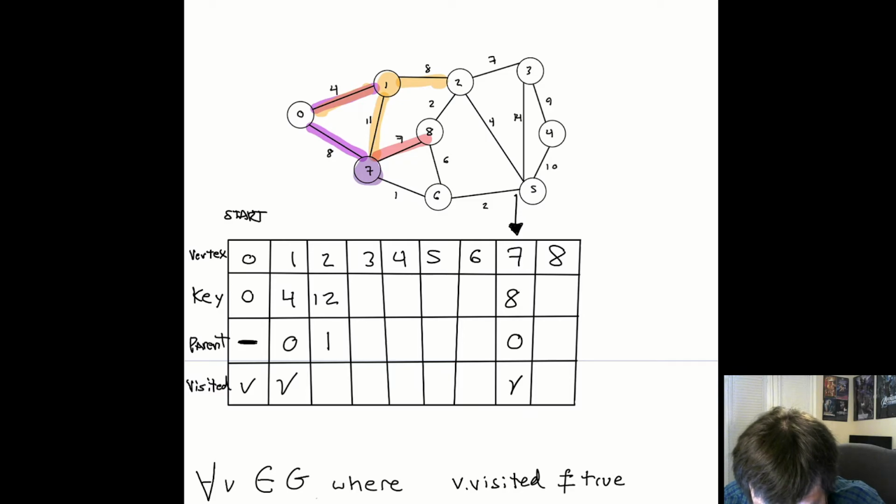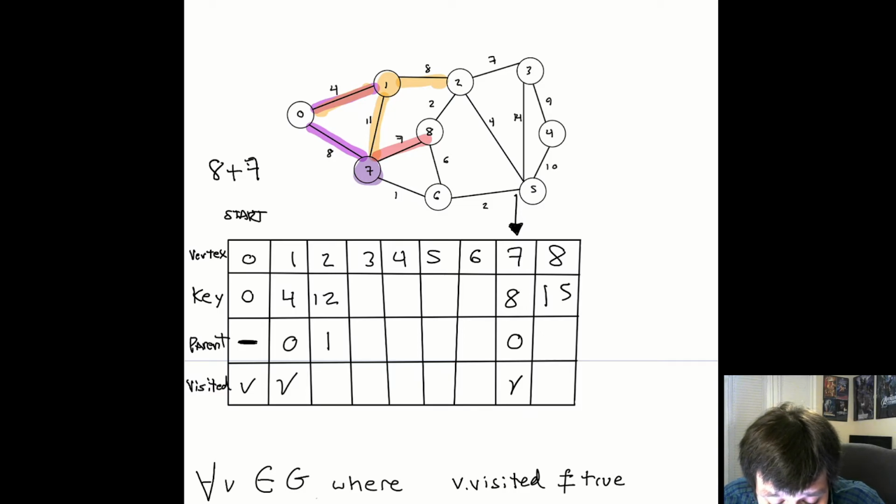So we take the current value of the key, which is 8, and we're going to add that to the weight of the edge from 8 to 7, which is 7. So basically 7 plus 8 is 15. So you go in and you put that in for vertex 8. So 15.